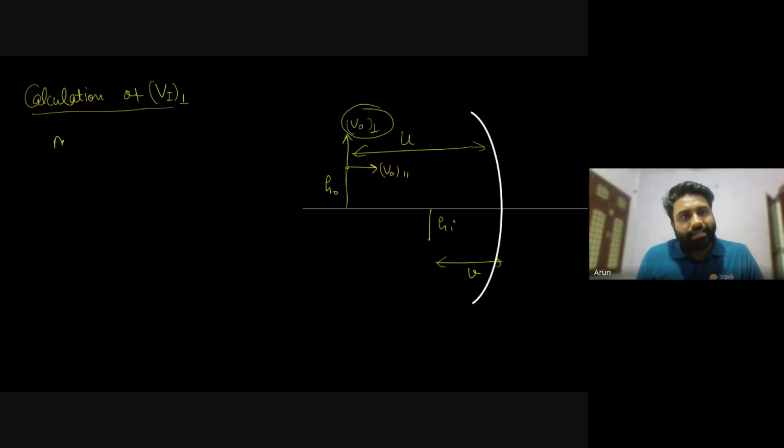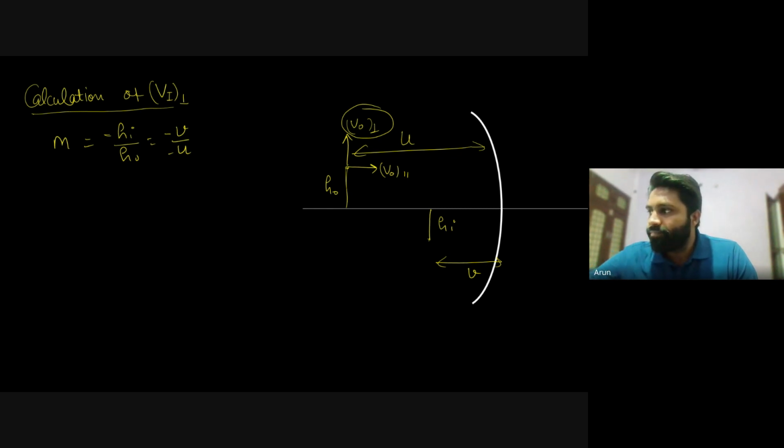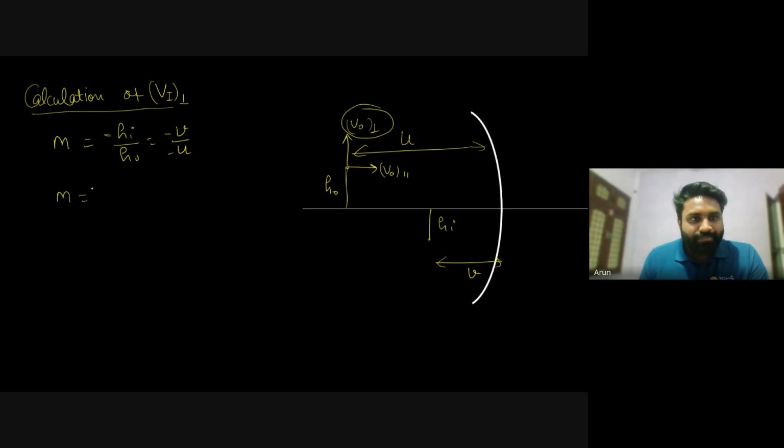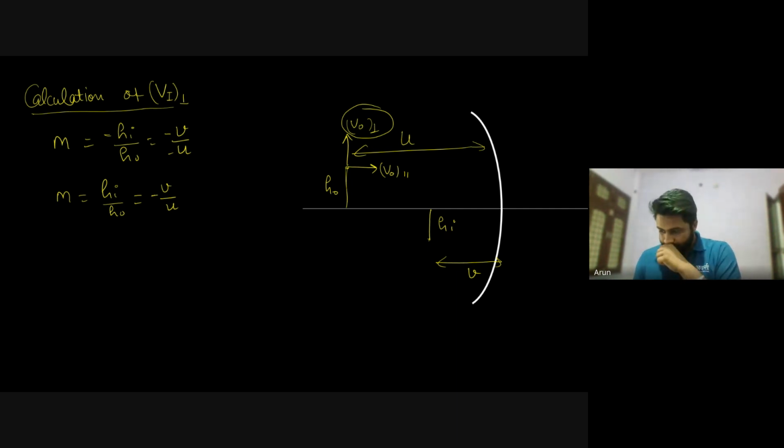We know that M is nothing but minus of HI over HO, equal to minus of V by minus of U. So M is equal to HI over HO, which is equal to minus of V by U. Got it?